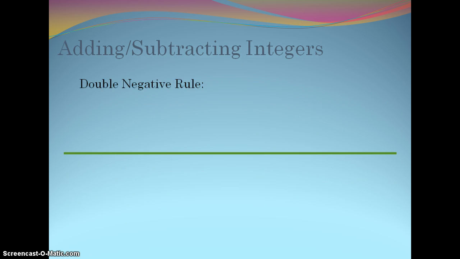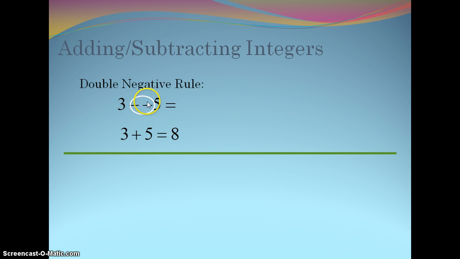Here are some additional rules to be aware of. The first is the double negative rule. Sometimes, especially when you start distributing or simplifying and combining like terms, you will run into a situation like this where you're going to have this double negative right there. That double negative you want to take care of before you start evaluating or simplifying, whatever it is you're going to be doing. A double negative makes a positive.